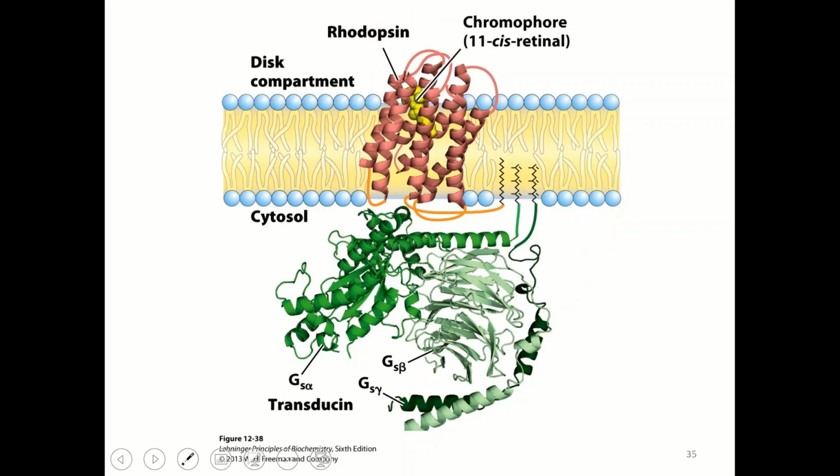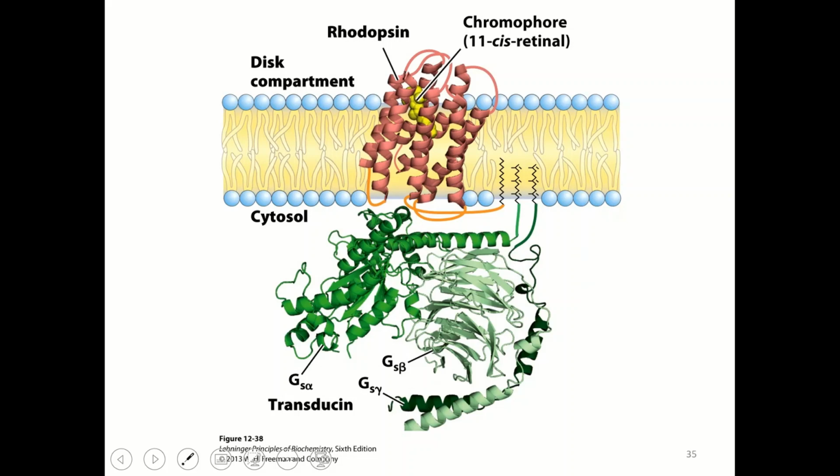This is a receptor for light, right? So it has its ligand kind of, I don't want to say permanently bound because I'm not 100% sure if it can come out and go back in, but we can think of it as being permanently bound in there.